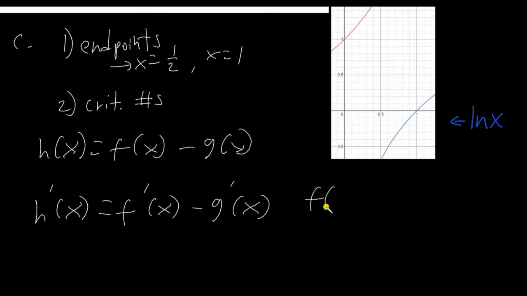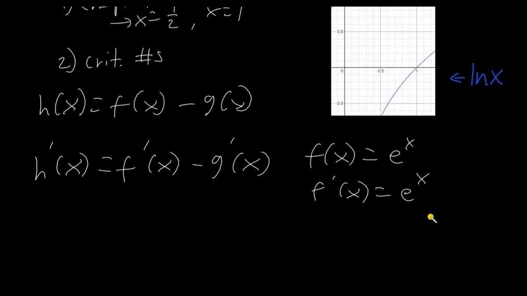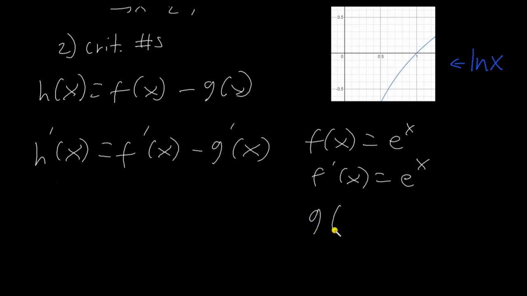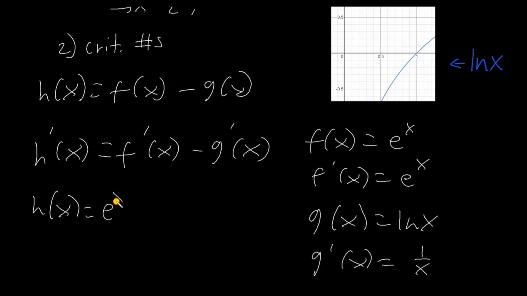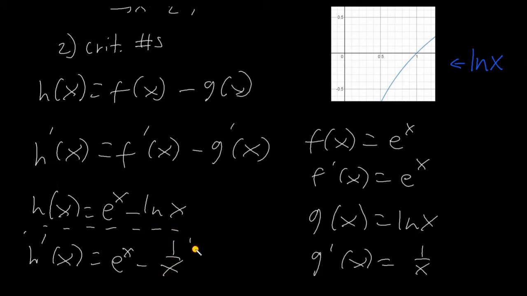Well, f of x is e to the x, so f prime of x is going to be e to the x. And then g of x is the natural log of x, so g prime of x is 1 over x. Therefore, I can say my h of x is e to the x minus the natural log of x, and then h prime of x is e to the x minus 1 over x, right? This is important.